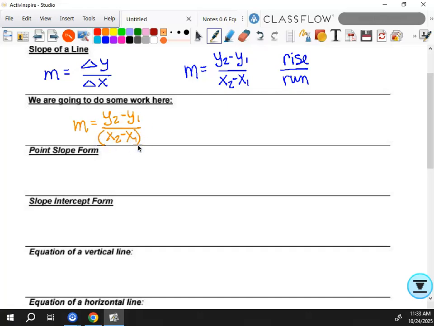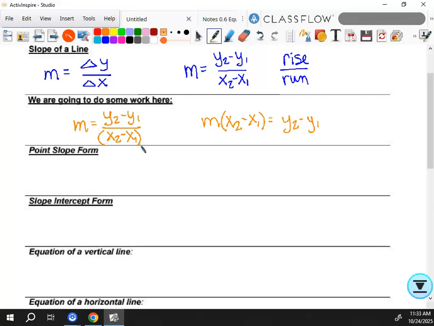So I'm going to put parentheses around that, and then I'm going to multiply both sides by that. When I do that, I'll get m times x2 minus x1 equals y2 minus y1. Everybody understand what I did there? All I did was multiply both sides by that so that I got rid of my fraction.